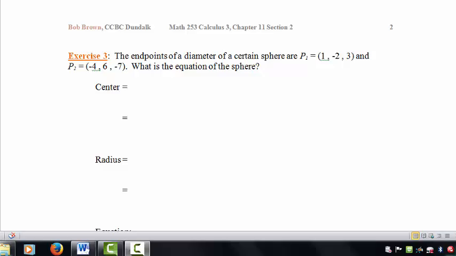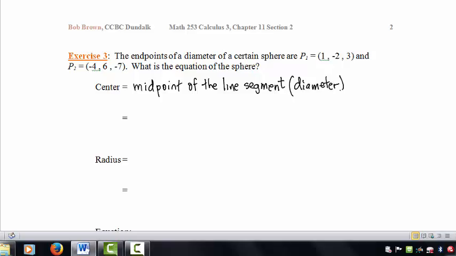First of all, we will begin by finding the center of the sphere. Note that the midpoint of the line segment, which is the diameter in this case, connecting P1 and P2, is found by finding the average of each of the coordinates. A midpoint is the same thing as an average.